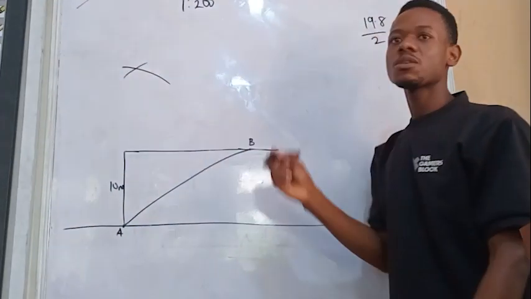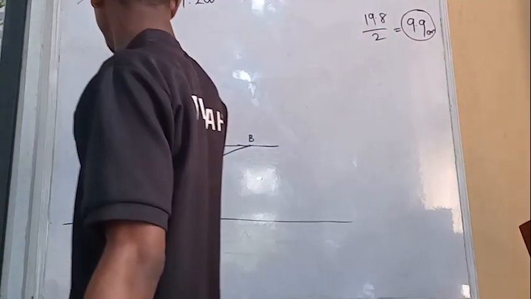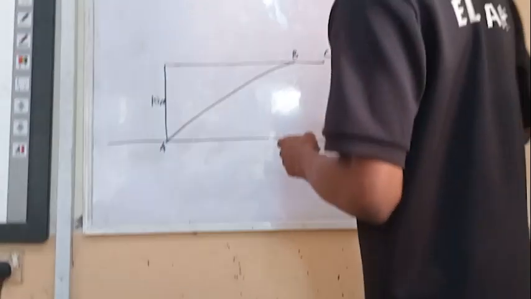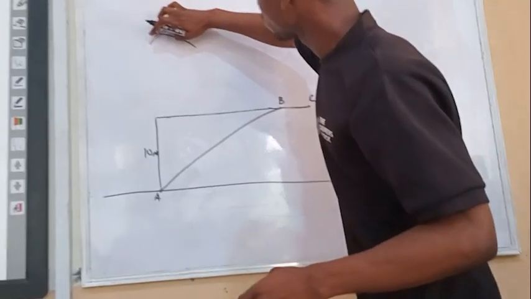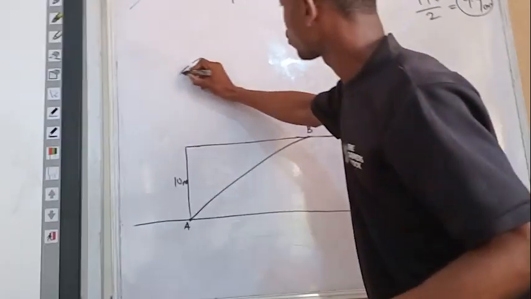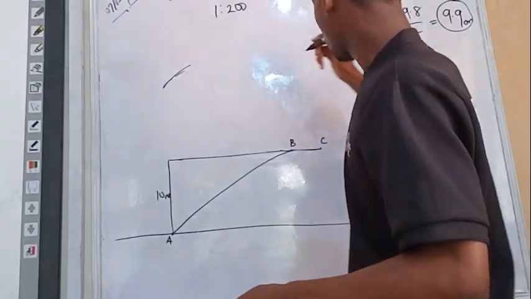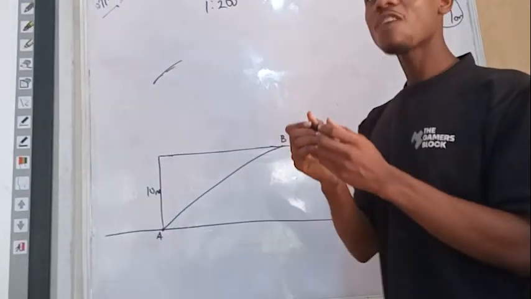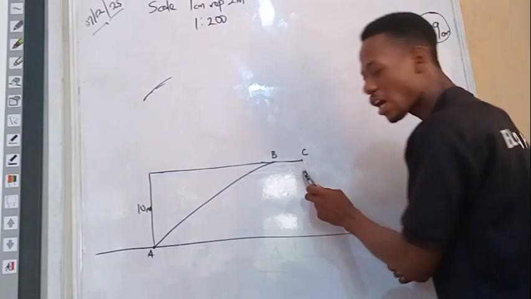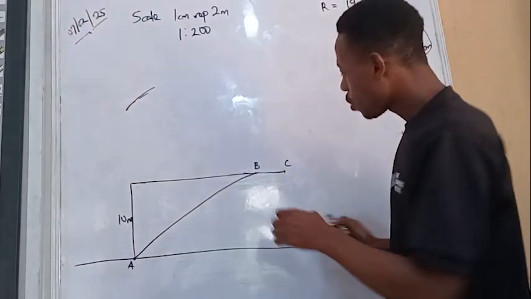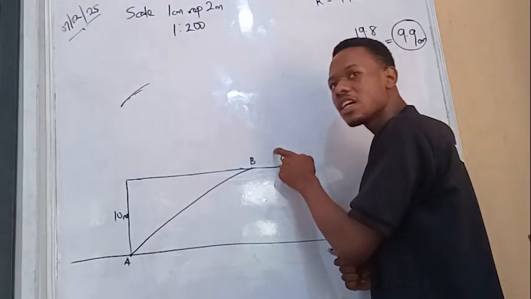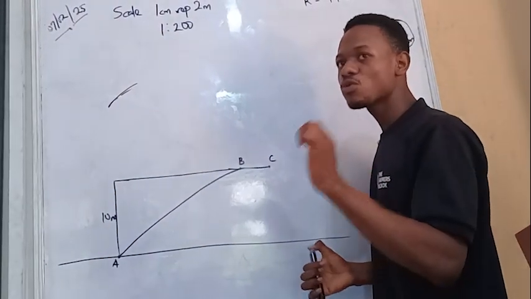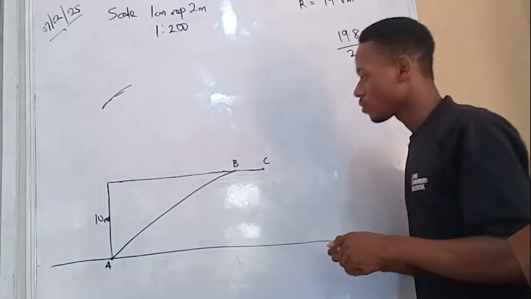They will intersect at a point. That's point C. So we have point A, we have point B, now we have point C. And don't forget, point C is 2.5 meters from point B, but on your paper it is 1.25 centimeters.